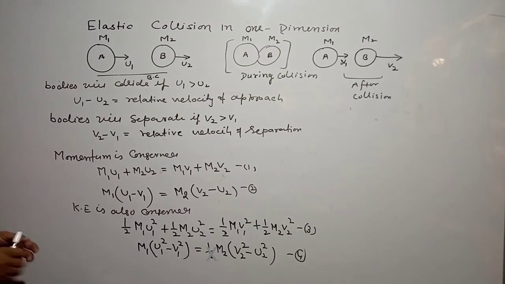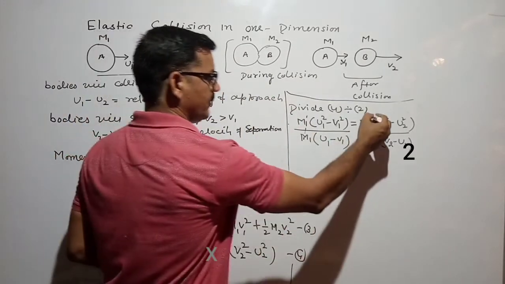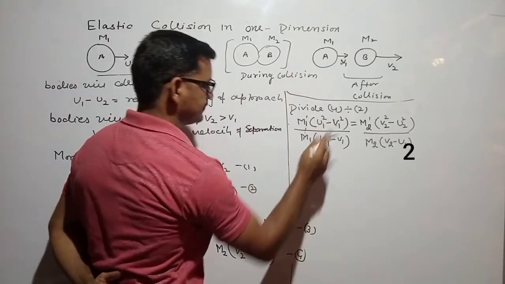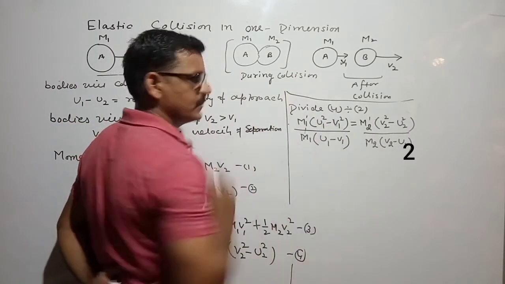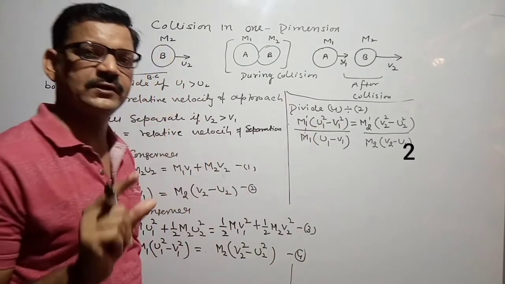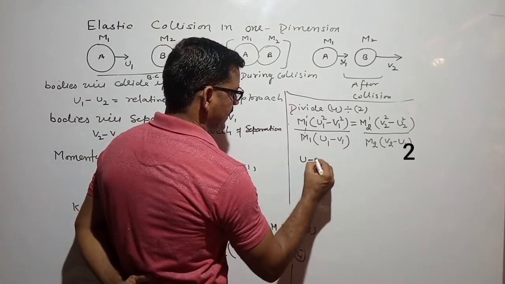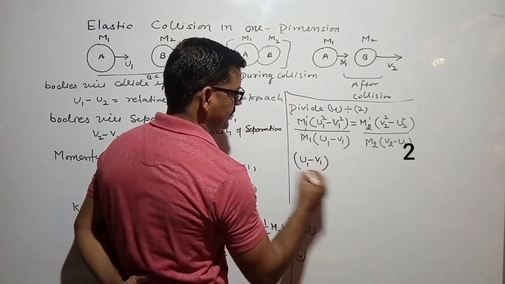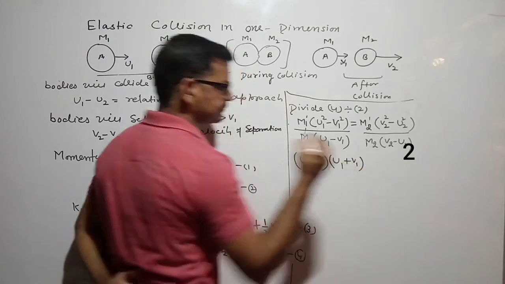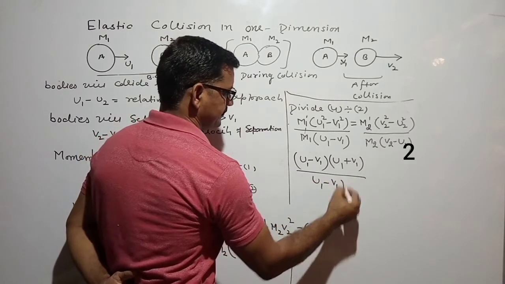Now divide equation 4 by equation 2, that is by m1 into u1 minus v1. This will cancel out, m2 upon m2 will cancel out, and now what is left? This is u1 square minus v1 square. So you can apply the formula here, a square minus b square equals a minus b times a plus b. So what we get here? u1 minus v1 times u1 plus v1 upon u1 minus v1.